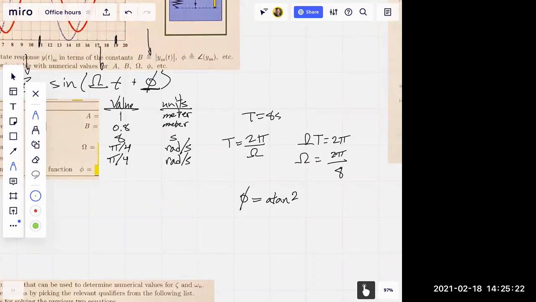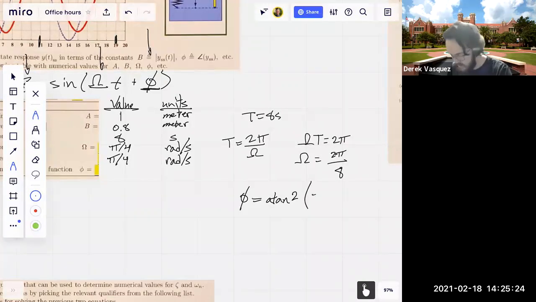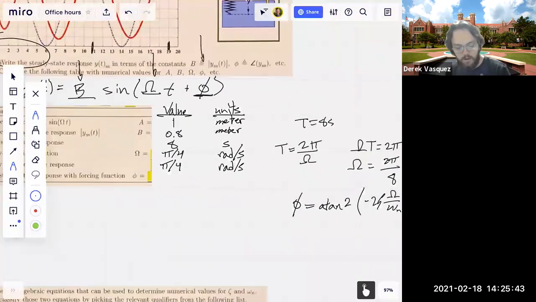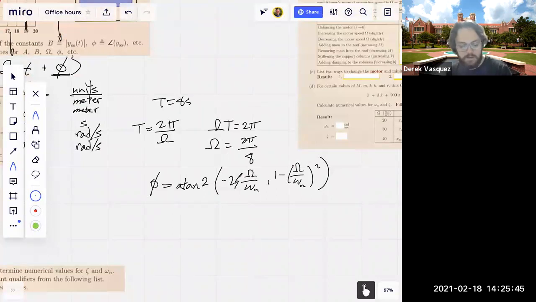Okay. atan2 of negative 2 zeta omega over omega n, and then 1 minus omega over omega n squared. So we evaluate that.